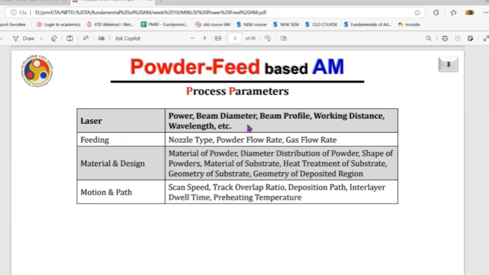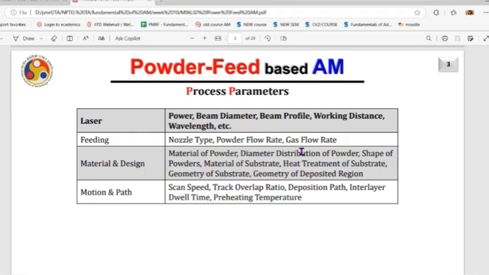So these are the parameters. Then feeding. In case of feeding, the nozzle type, the powder flow rate, and the gas flow rate are important. As I said, gas flow rate is to maintain the process contamination free.